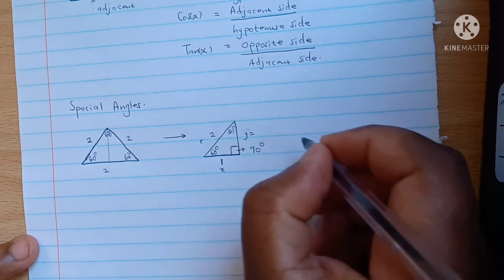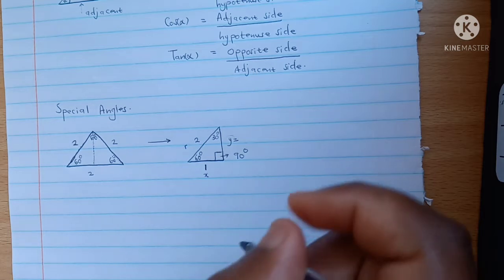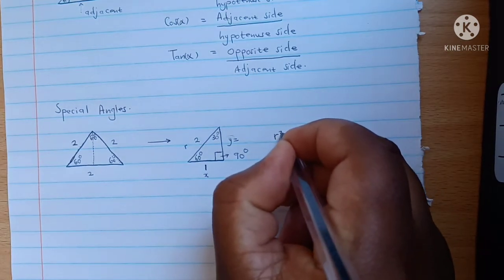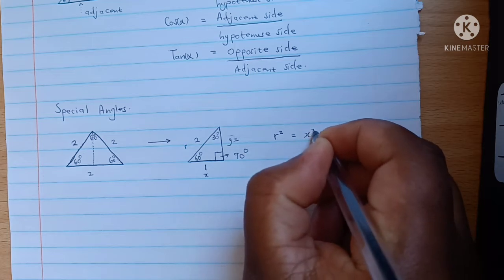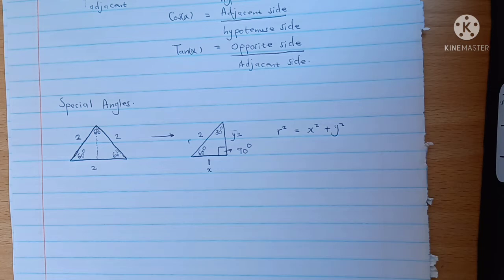Then we know that r squared equals x squared plus y squared. This is something that you did in grade 10, guys. You should know this.